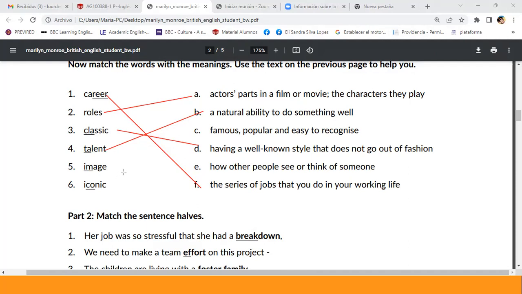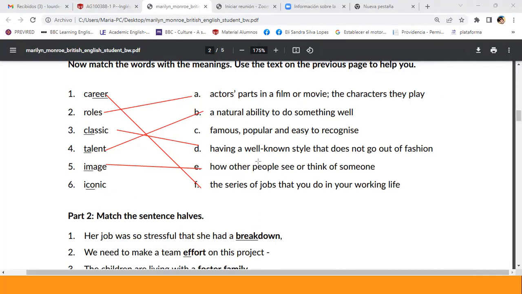No. It's the other option. How other people see or think of someone. Exactly.